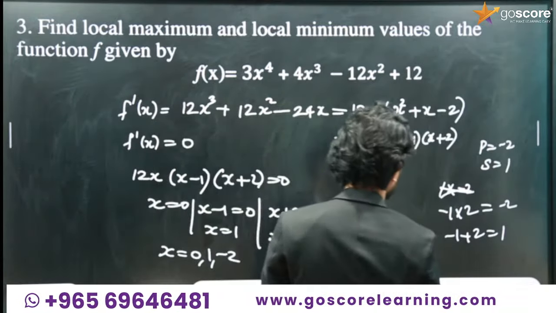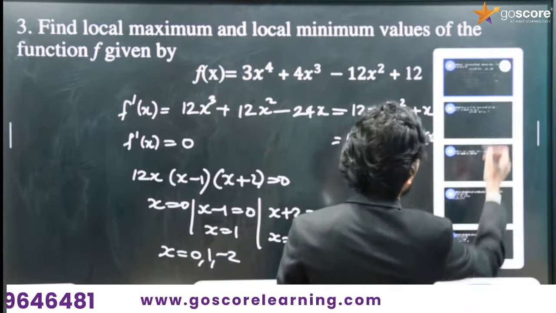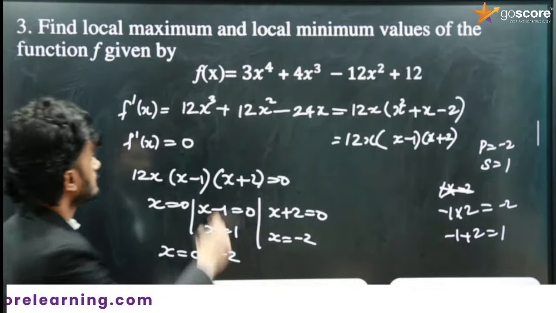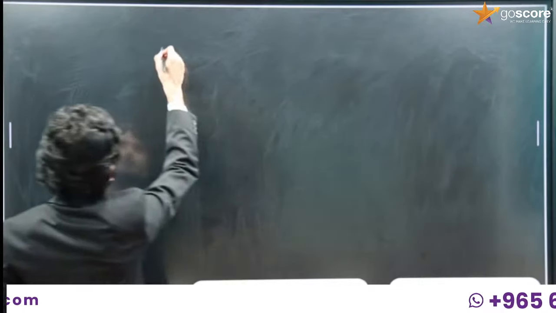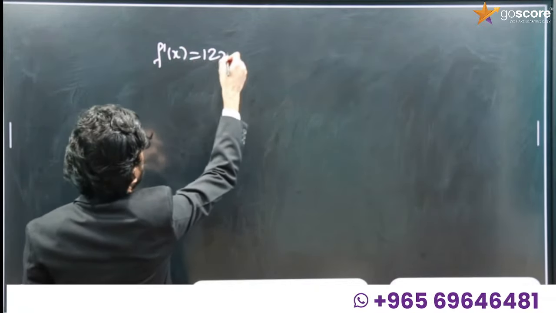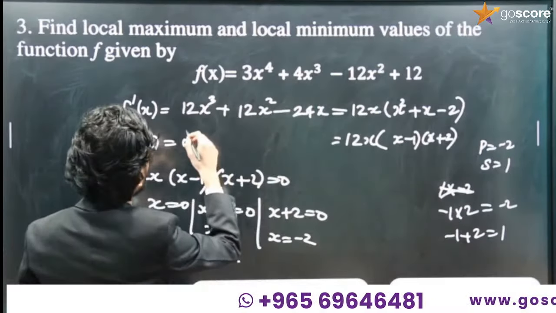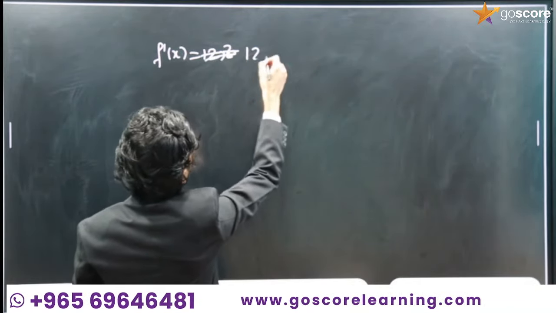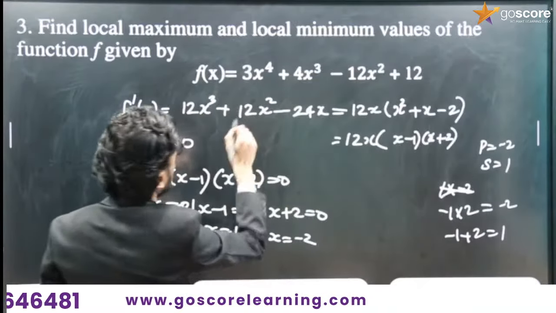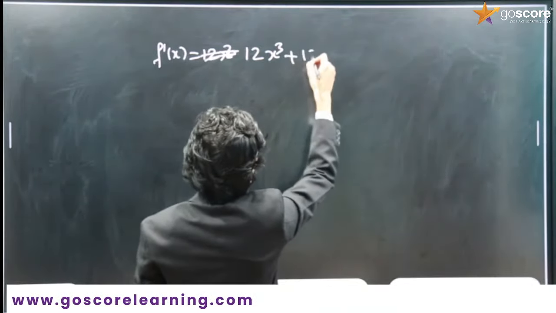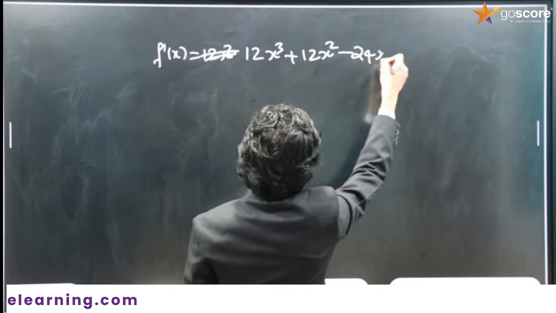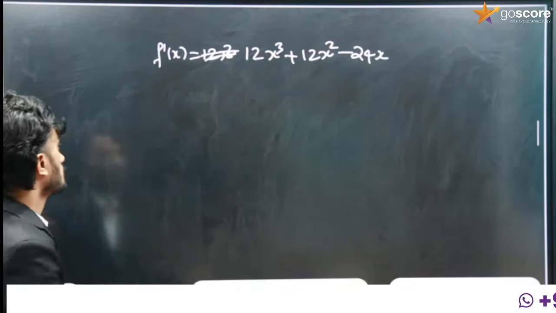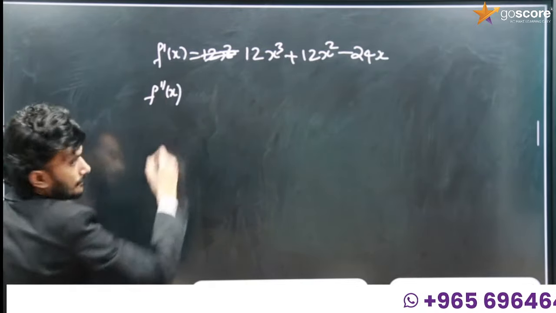Next we will find f double dash. f dash x is equal to 12x cube plus 12x square minus 24x. So first we will find f double dash x.